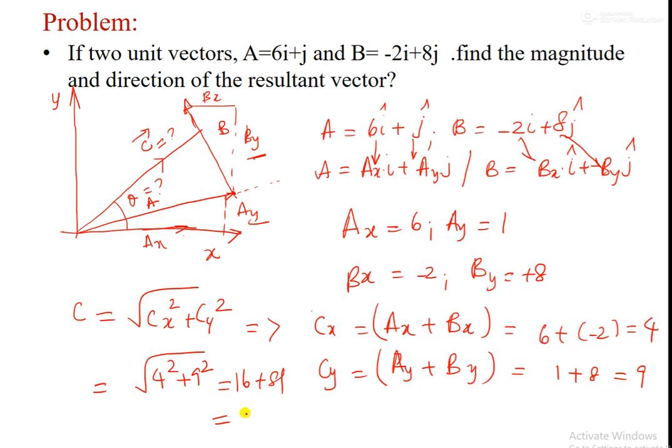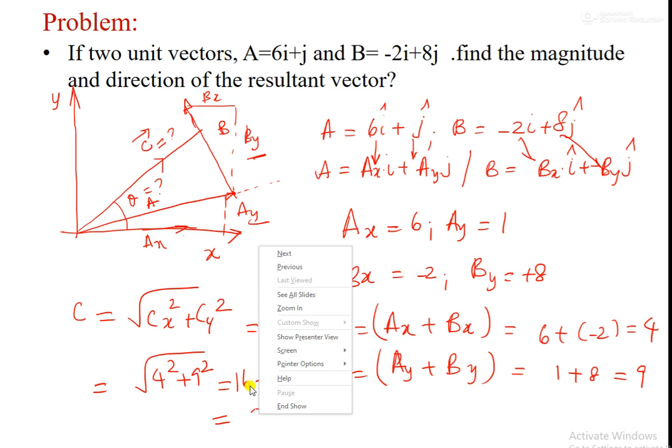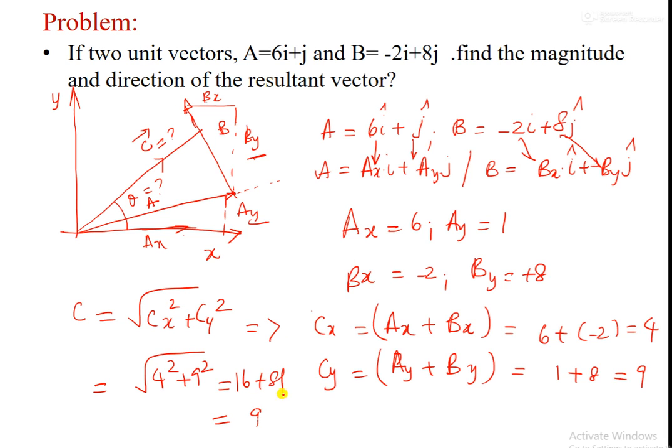How much is it? It is around 97, root 97. So this is around 9.81 something. Okay, this is the magnitude. And now if you want to find the direction, theta, tan theta is equal to Cy by Cx.